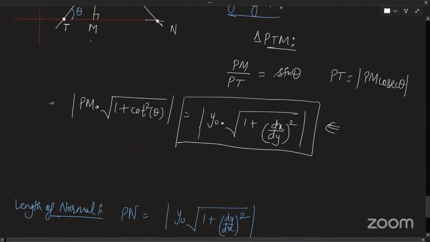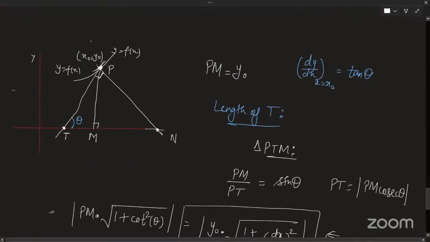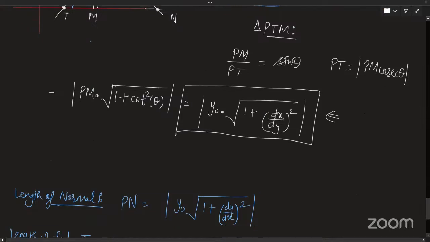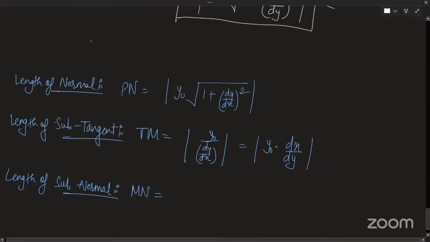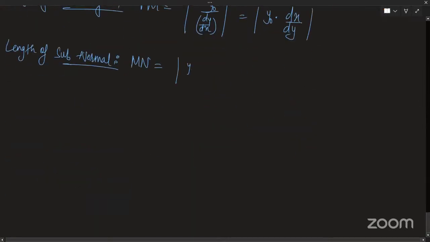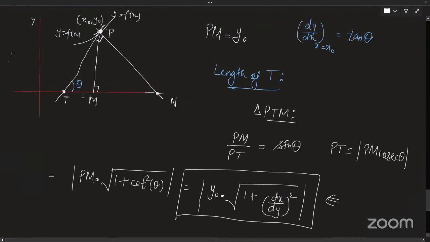These are just terminologies related to any curve. You plot any curve, you draw its tangent and normal at any random point where it cuts the x-axis, you name those points as T and N, and these lengths will be your corresponding values of normal, subtangent, subnormal. It will be mod of y naught into dy by dx. These are just basic terminologies.